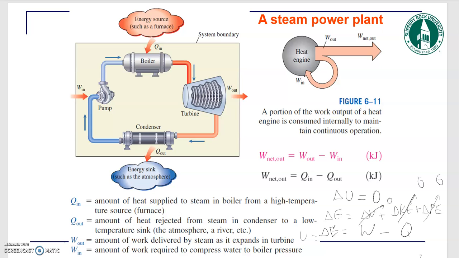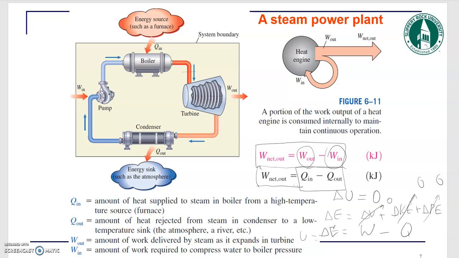So the net work out is equal to W out minus W in, the work output minus work input, and the net heat in is equal to Q in minus Q out. So these two are equal to each other, right? So you can say that the net output work is equal to the difference between the heat of your system.